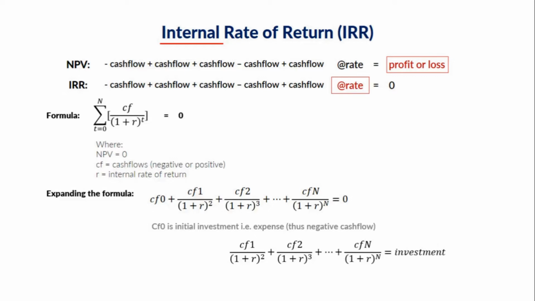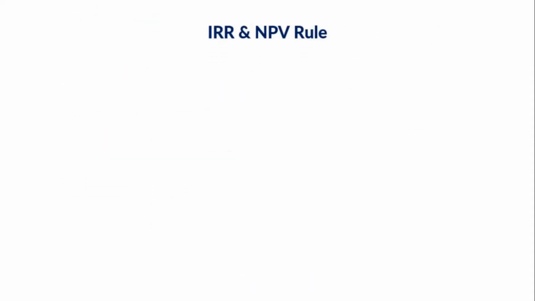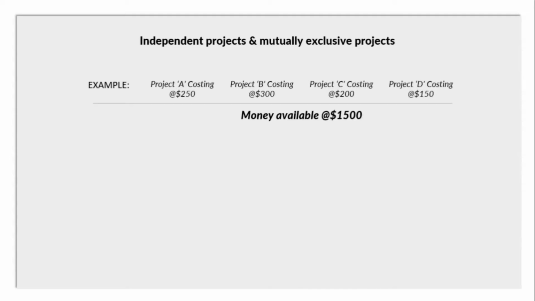Next comes the IRR and NPV rule, which tells us when to accept or reject a project. First, let's understand what independent and mutually exclusive projects are. If a company has, for example, 4 projects and it has the money to invest in all of them, so it can reject or accept any project, that is, the decision of the selection of one project does not depend on the selection of another.